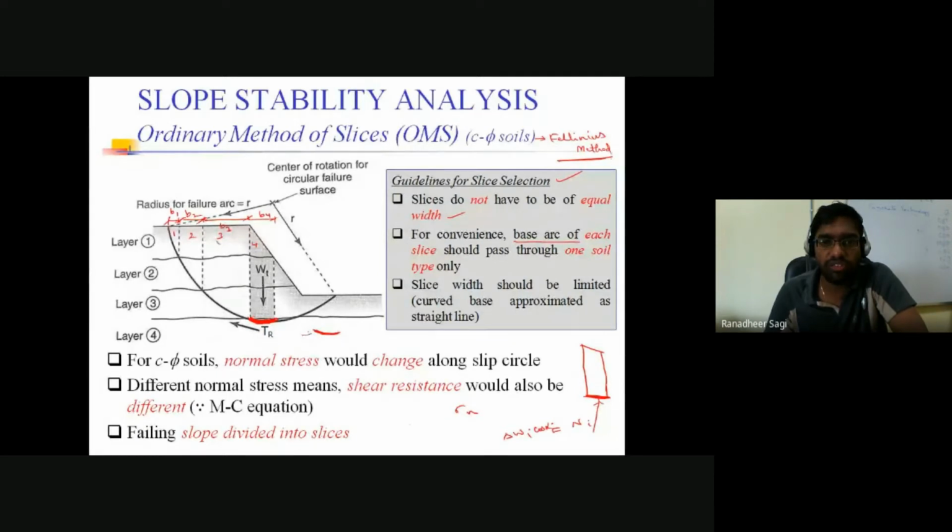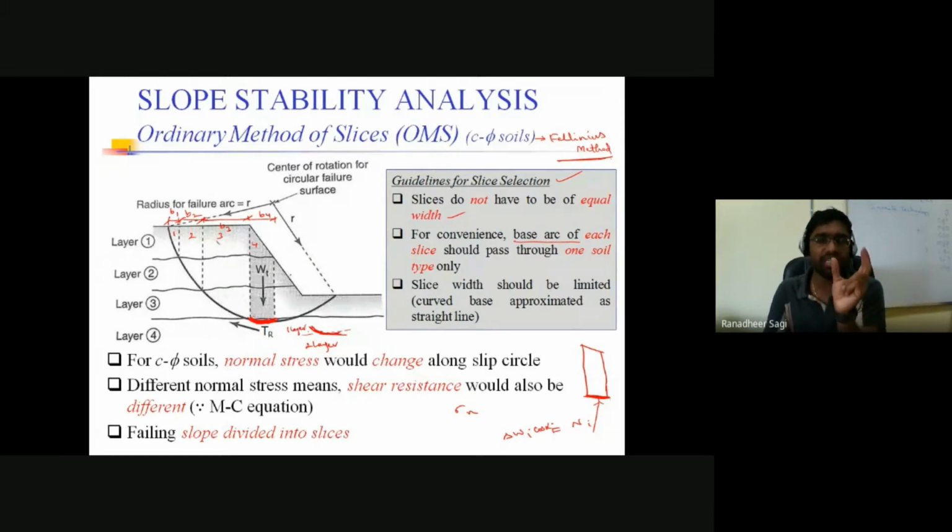If this failure surface passes through two layers of the soil, this is let's say layer 2, this is let's say layer 1. Some portion of the failure surface is in layer 1, another portion is in layer 2. So for one portion, I have to consider the cohesion and angle of shearing resistance properties of soil layer 1. For the other, I have to consider the c and phi values of soil layer 2.